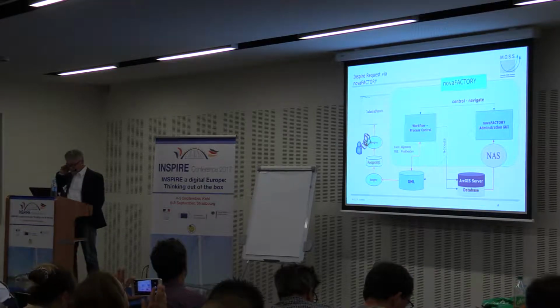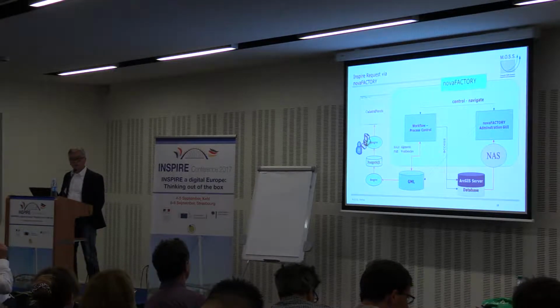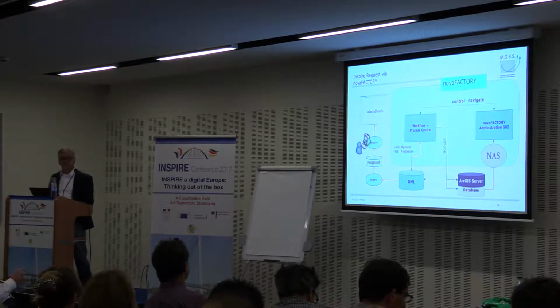Of course, it can be used not only for Annex 1, but also Annex 2 and Annex 3, especially Annex 2 and Annex 3, because the data are very different then.